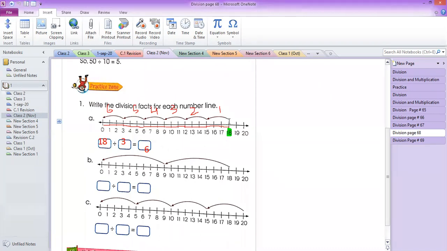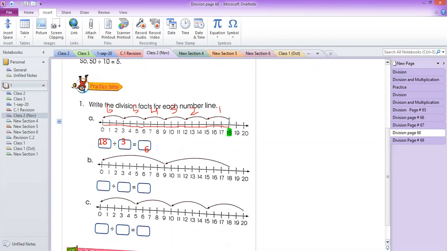because from 18 it is going back. It started going back, right? So 18 is actually divided because you're moving from 18 to 0, and it is divided by what number? So check the first step.